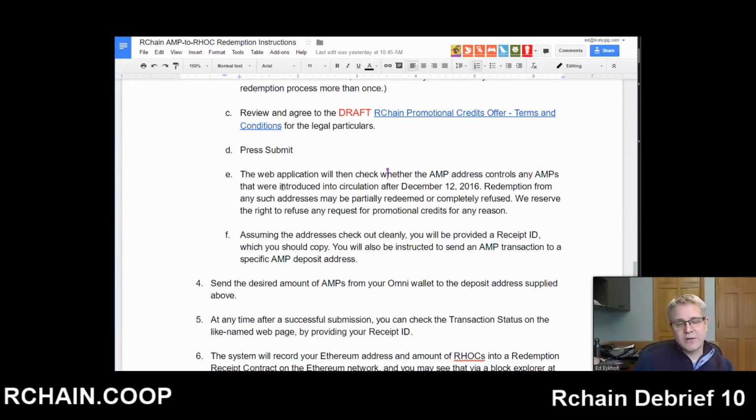We'll consider transactions flowing out of that as tainted. We don't know how many of those kinds of transactions there may be. Even if you purchase through an exchange, there's some possibility you picked up some tainted AMPs, even through no fault of your own. But we think that's unlikely at this point. As of today, we don't know what's going to happen over the next 8 days or so.